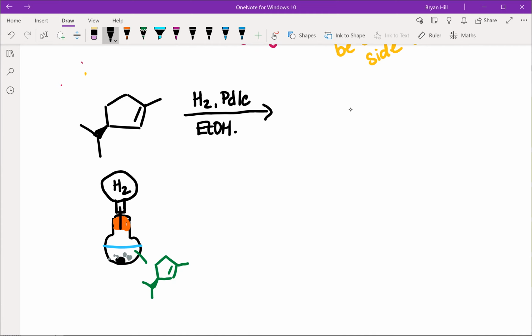So for all of these reactions, there's no pressure or anything needed. We're going to see in a second that if you want to reduce other functional groups with hydrogen, sometimes you'll need to add pressure to the system, and that makes things slightly more complicated.